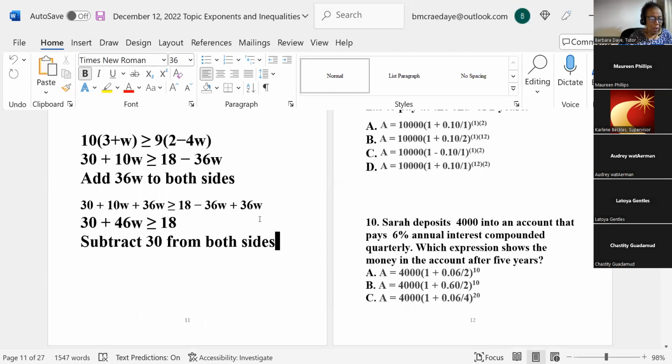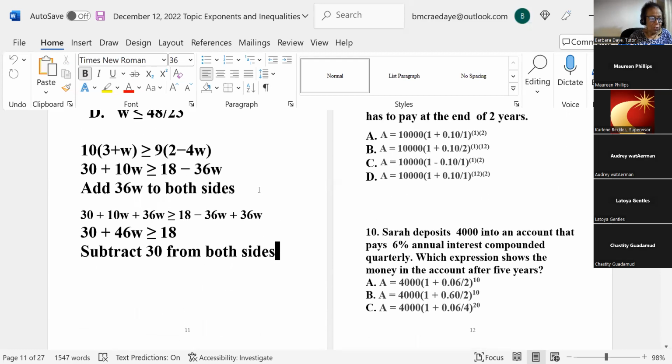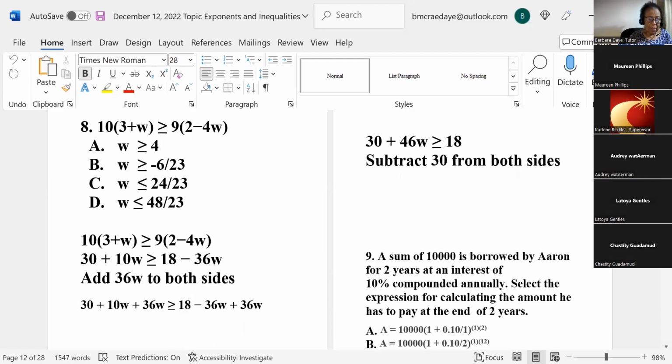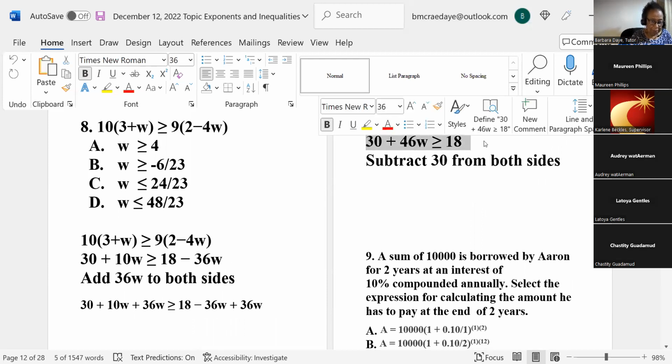Okay, so what I am going to do is put all of this on the next page. Let me just subtract the 30. I'll put that there and you tell me what you get.